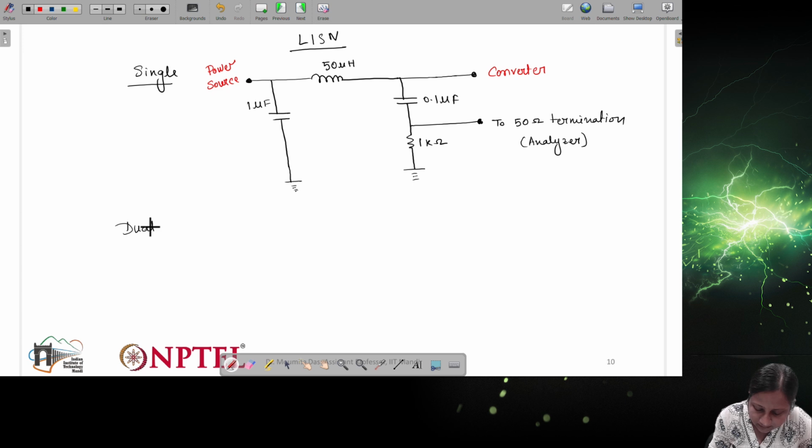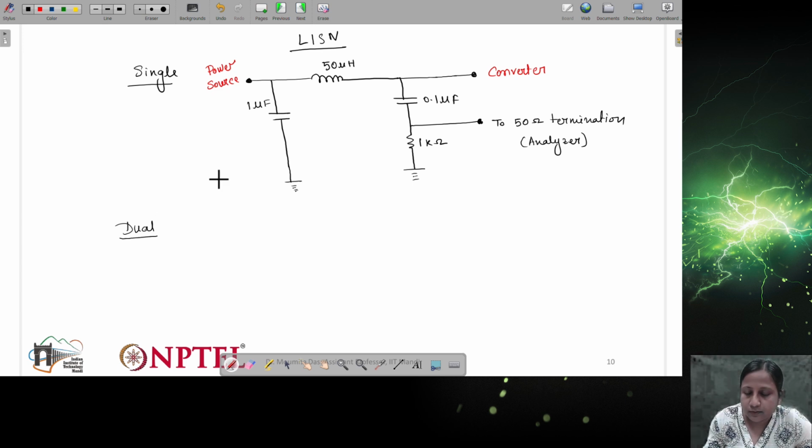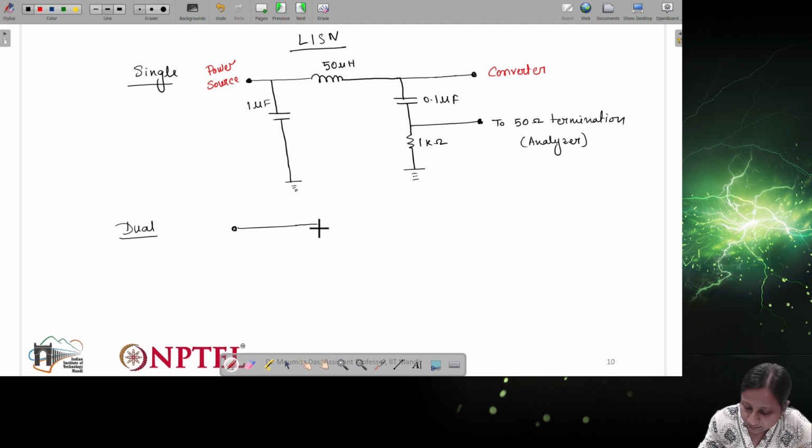it will be similar, only everything will be twice. The positive and the negative points are connected separately. So we'll have the similar inductance with respect to the positive line, and then obviously a similar capacitance will be connected, and that connection is to ground. So this ground line will be coming in between.